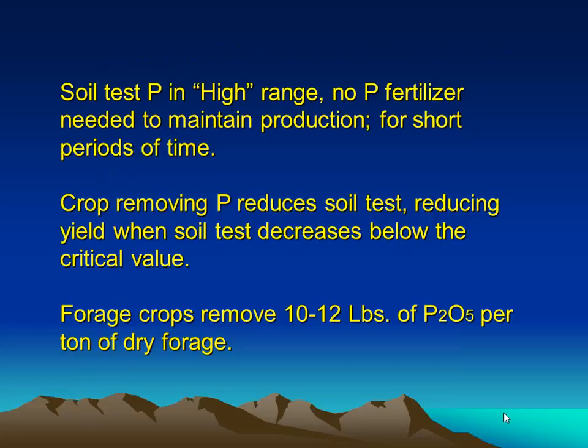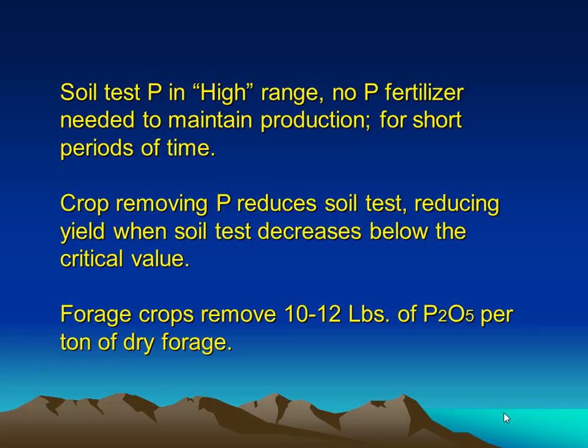So, soils that test high in phosphorus, no phosphorus fertilizer is needed to maintain production, but only for short periods of time. What happens if I have a high soil testing field and I've never put phosphorus on it and I take hay off of it? Come on, tell me. It's gone. The hay is going to suck that phosphorus off, and sooner or later it's going to be low testing phosphorus if I don't put anything on.